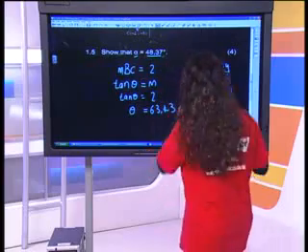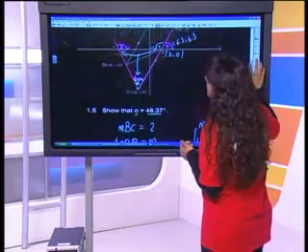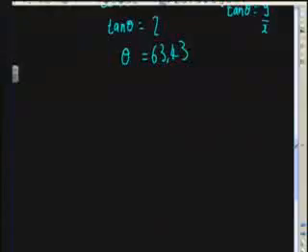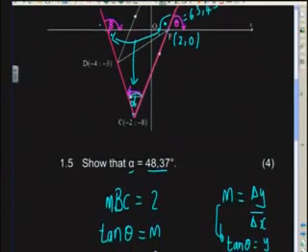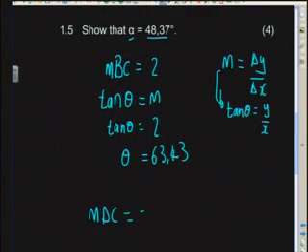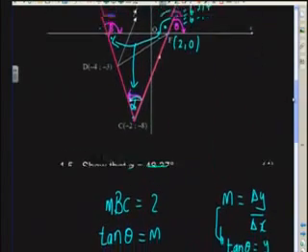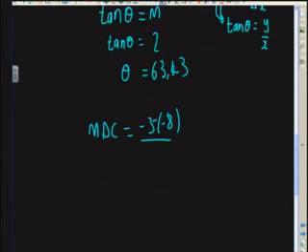Okay, so let's go through it quickly. I need the gradient of DC. We're going to use the gradient formula. So it's going to be minus 3 minus 8 all over minus 4 minus 2.